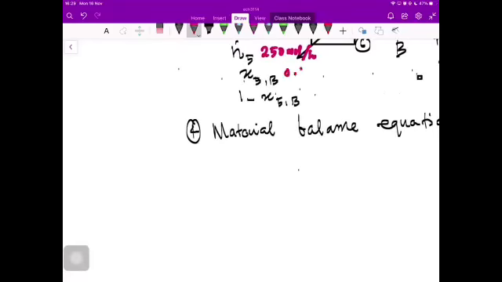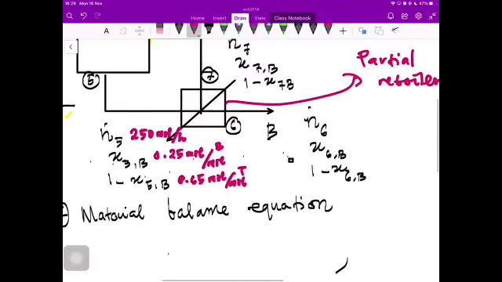So it says that it's 0.25 mole per mole of benzene, and we have 0.65 mole per mole of toluene. Okay, and the next one is the fraction of benzene that is recycled, which is 0.20 mole per mole of benzene.